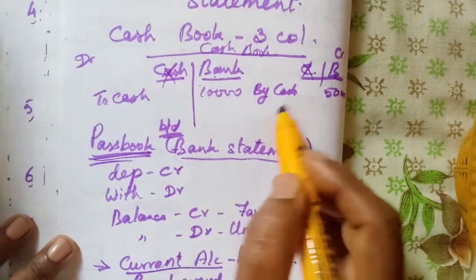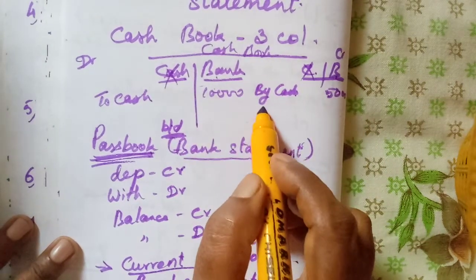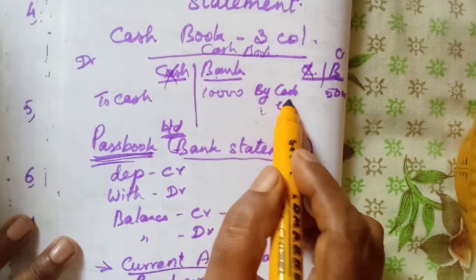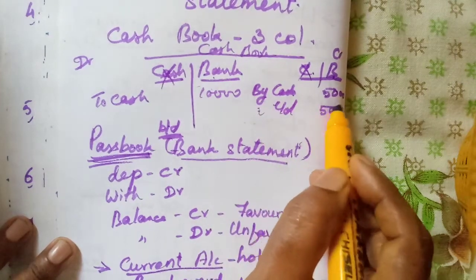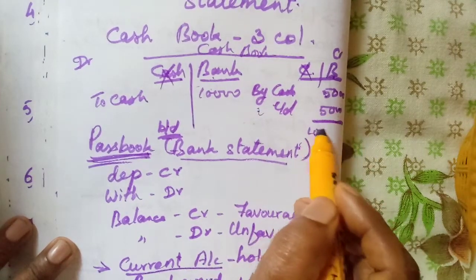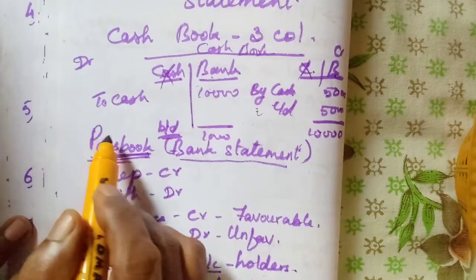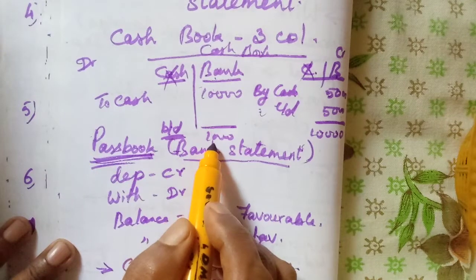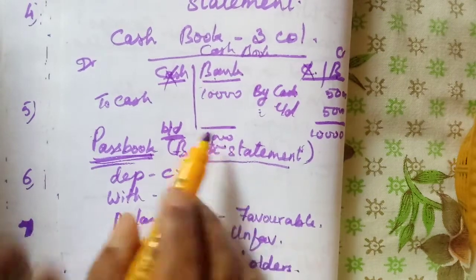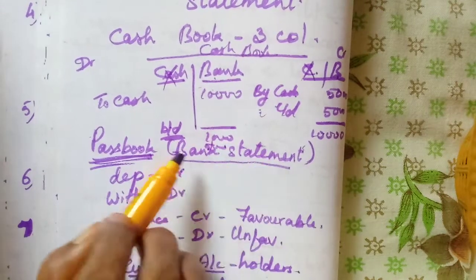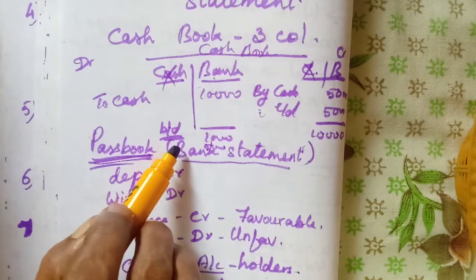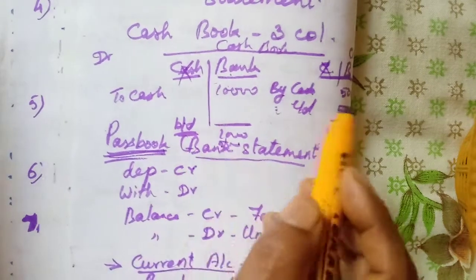So now how much bank balance do we have? By balance carried down, 5,000. Total 10,000 here, also 10,000 there. Then here we write to balance brought down, 5,000. So here also we have a debit balance, 5,000.